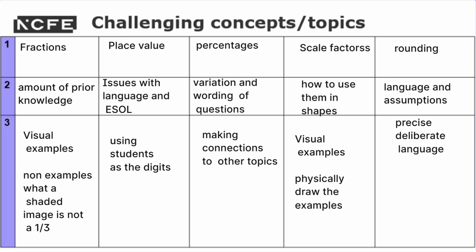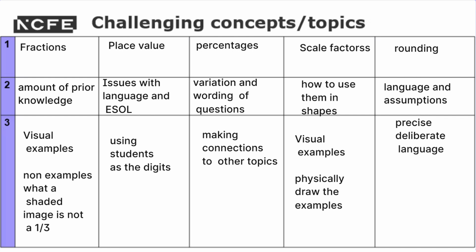using non-examples. So, if they're talking about a third, the attendee explained that usually if you want to show a third, you would show a rectangle split into 3 equal pieces, shade one of those pieces, and there we've got a third.